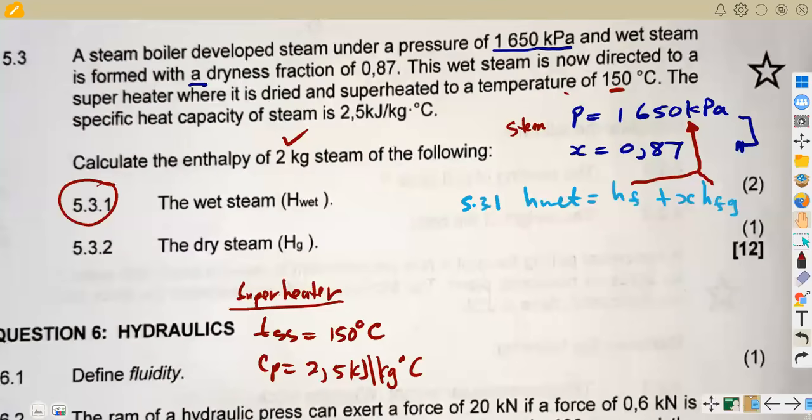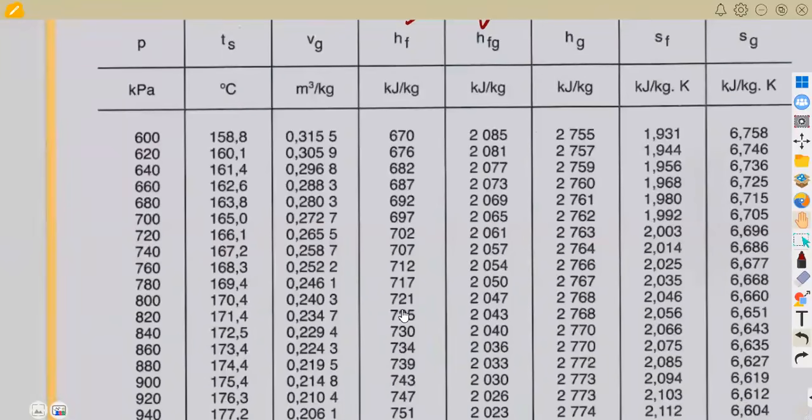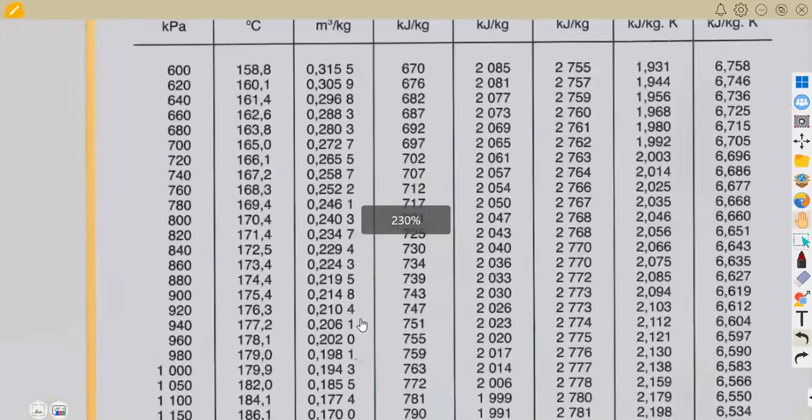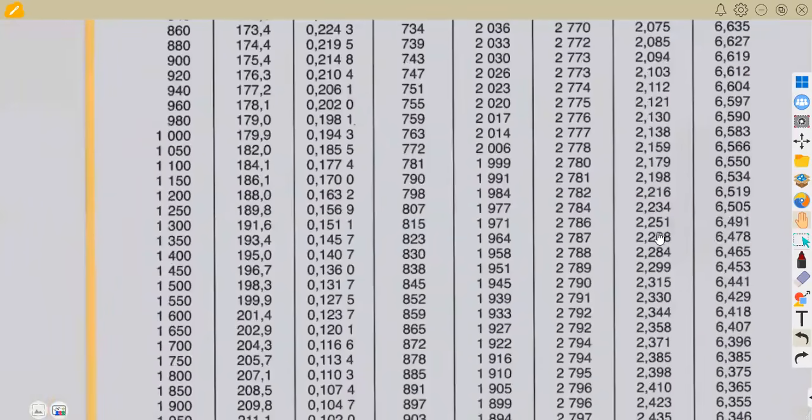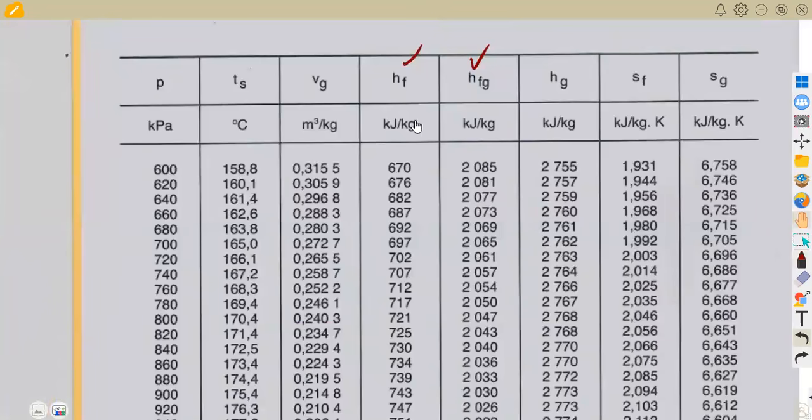Let us check if I have it here so that we can consider our steam table. Under pressure, we are going to need the value of hf and the value of hfg as needed in that formula. Under 1,650, we take hf and hfg from these columns, in kilojoule per kg.